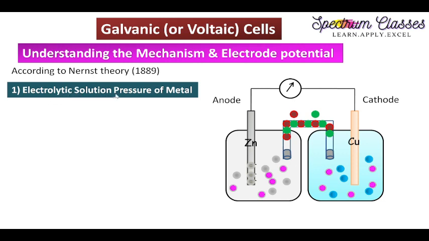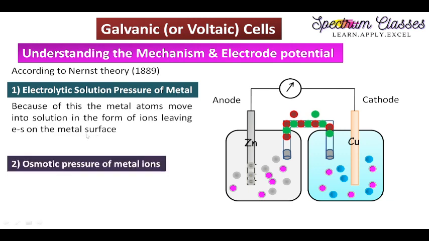One is electrolytic solution pressure of metal, and the other one is osmotic pressure of metal ions. So what are these two pressures? Because of the electrolytic solution pressure, the metal atoms move into the solution in the form of ions, leaving the electrons on the metal surface.